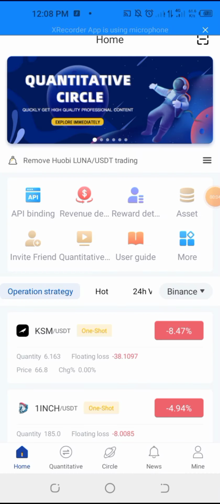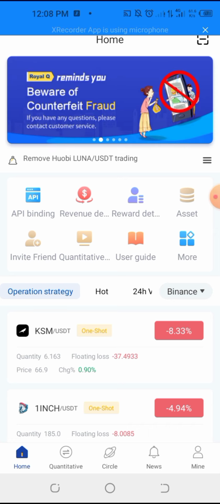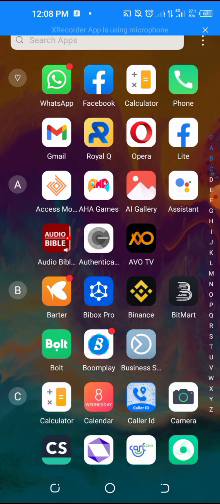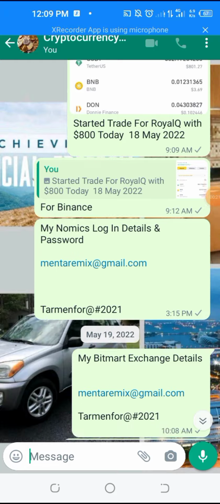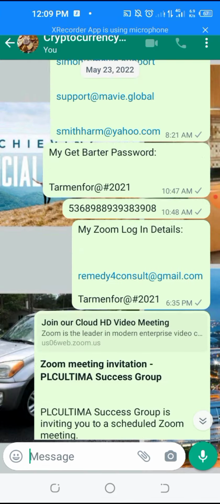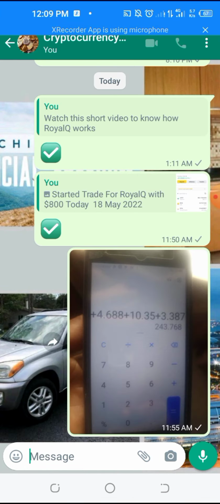So I'm just doing a review of my trade so far from the 18th of May 2022. That was when I started this trade with $800. And so far, so good. That $800 has accrued for me.